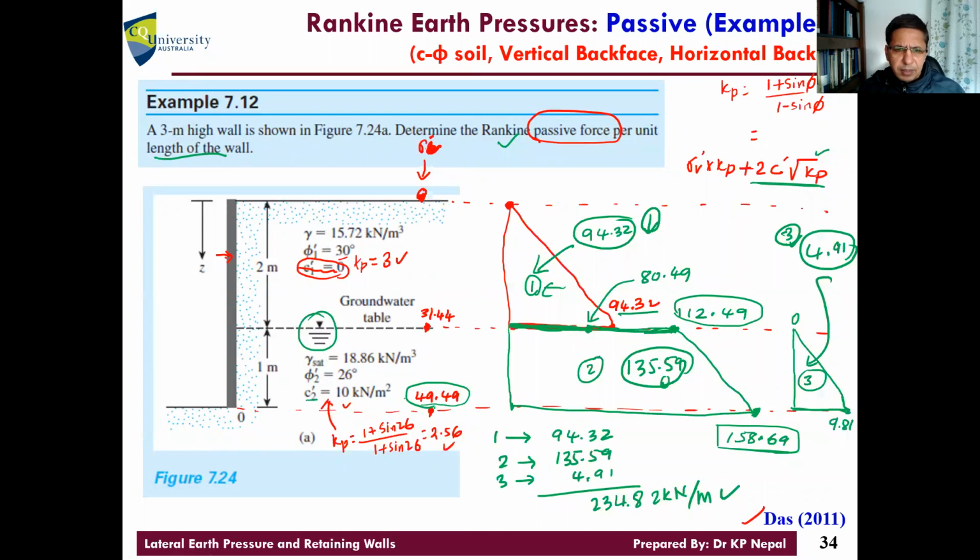Can I calculate vertical pressure first? Vertical pressure is 15.72 times 2, plus the bottom one 18.86. How did I get this 49.49? So this is just gamma 15.72 times 2 plus 18.86. I think I used 2 over there also.